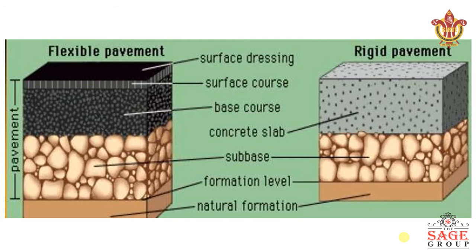On the other hand, the rigid pavement has the natural foundation, then the formation level and subbase, but less thick as compared to flexible pavement, and the concrete slab top surface.